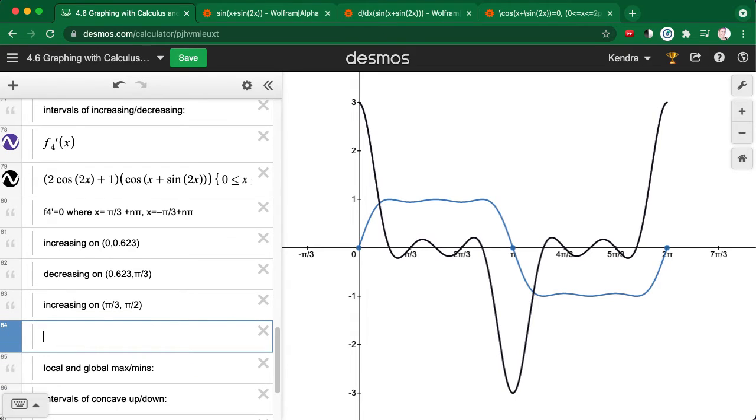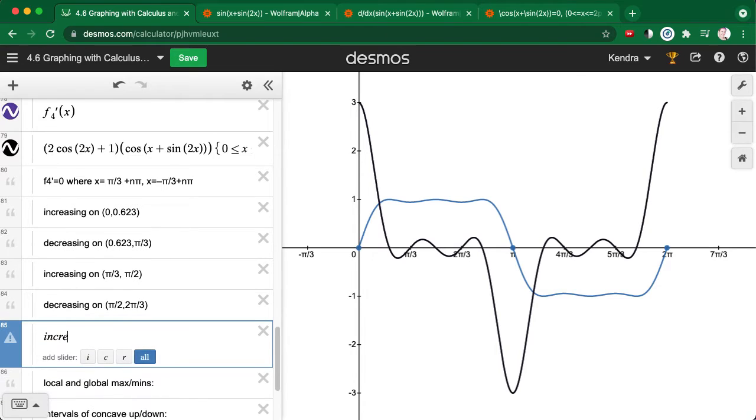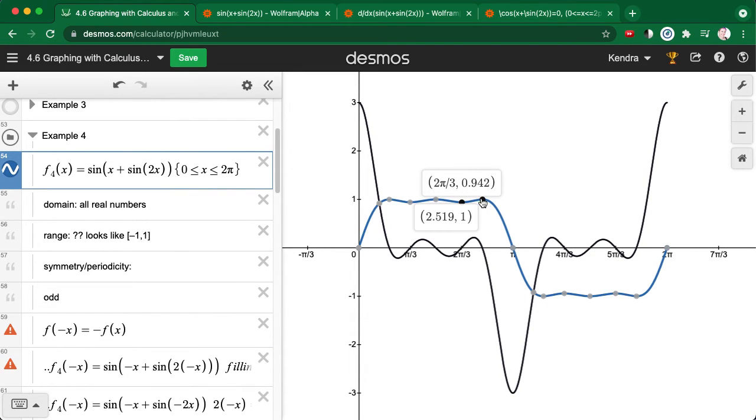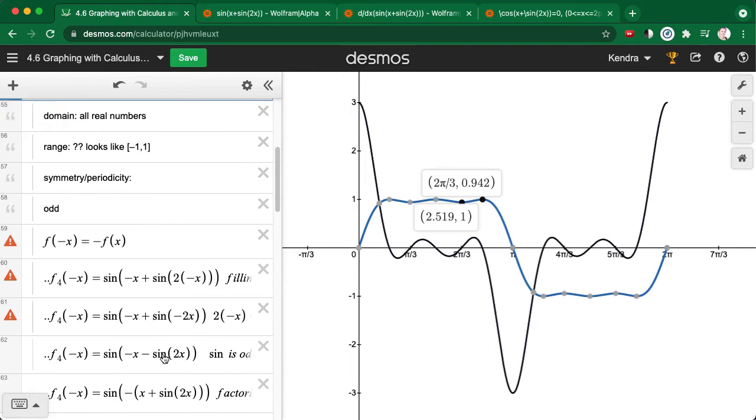And then decreasing on the interval from pi over 2 to 2 pi over 3. And then increasing on the interval from 2 pi over 3 to 2.519.